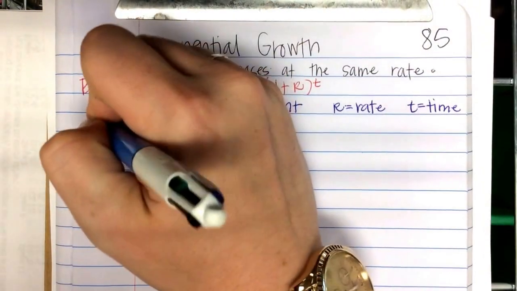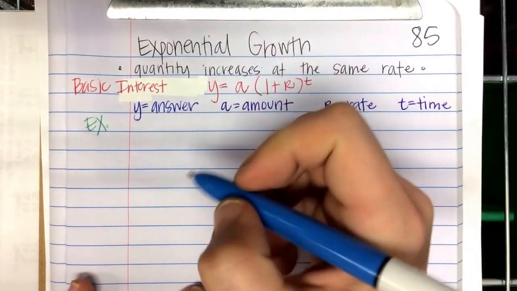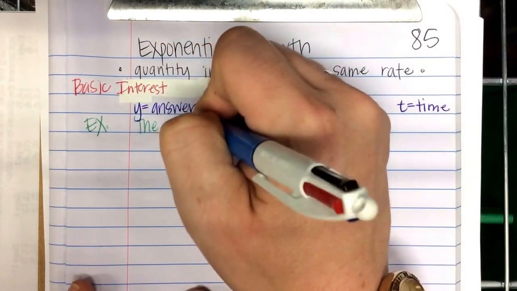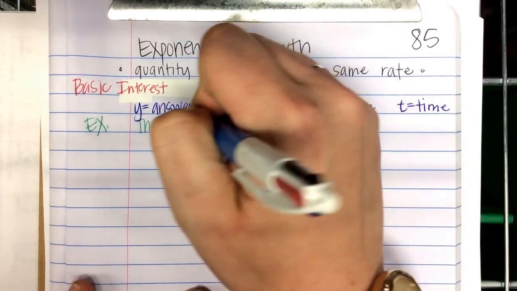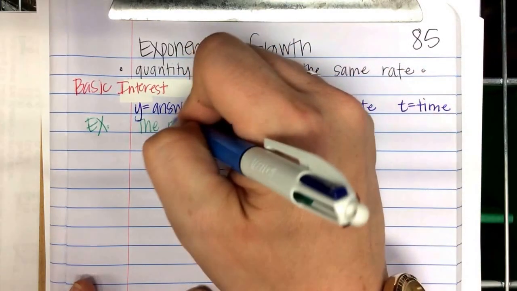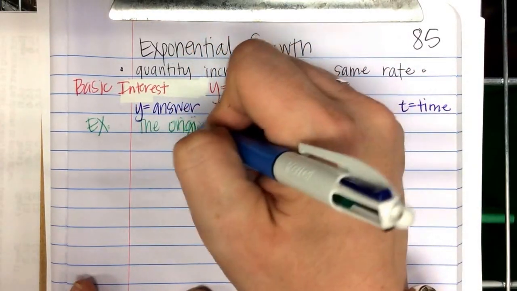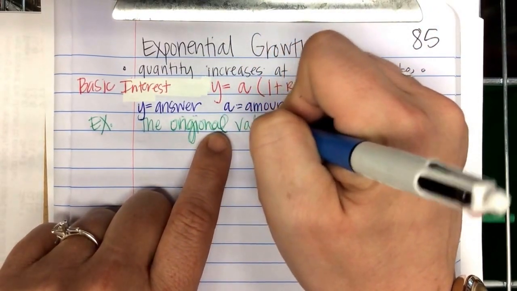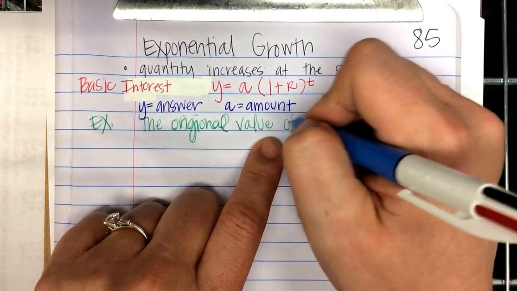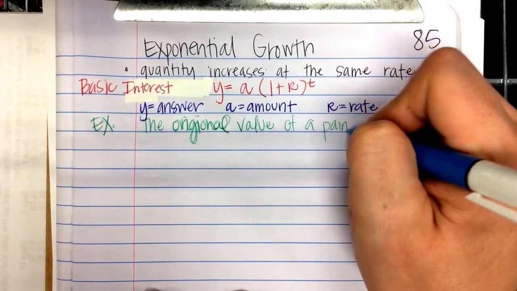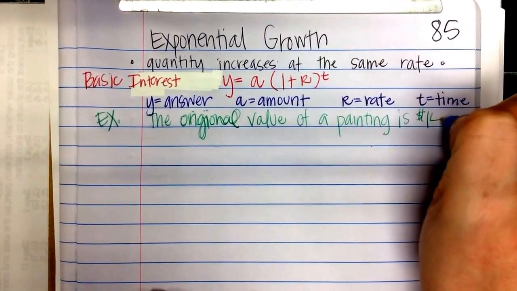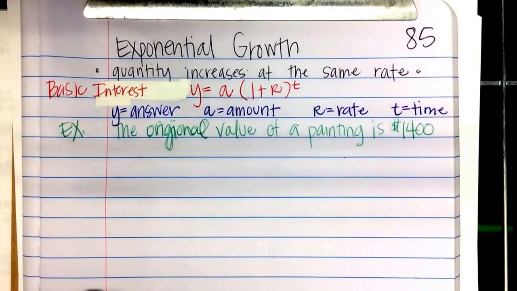So here's an example. Yes, you have to write the word problem. The original value of a painting is $1,400.